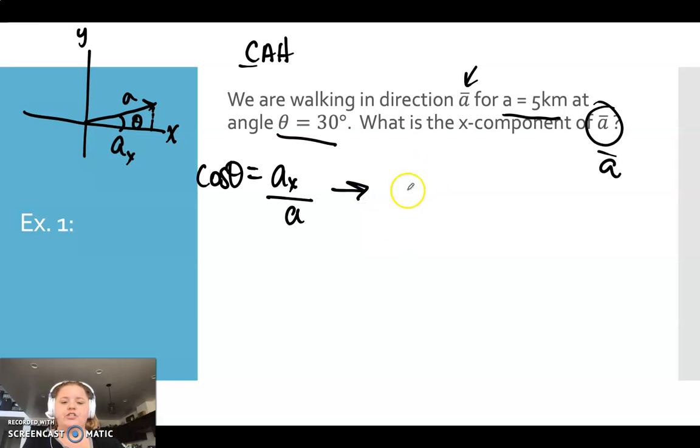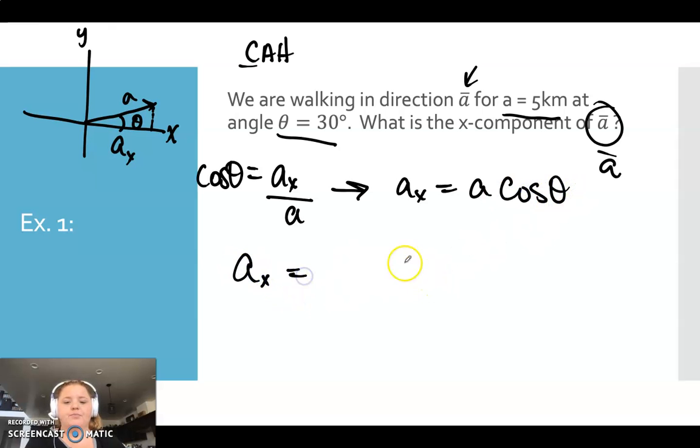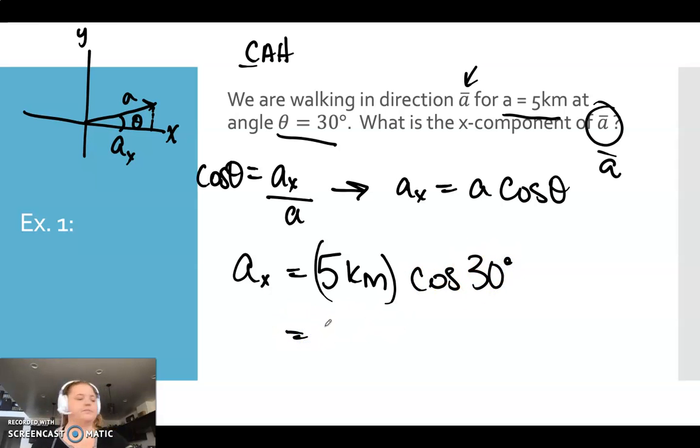And so rearranging this formula using a bit of algebra, we know that the x component of A then is equal to A times cosine of theta, okay? So you can then put that into a calculator. We have 5 kilometers here times cosine of 30 degrees. There it is.